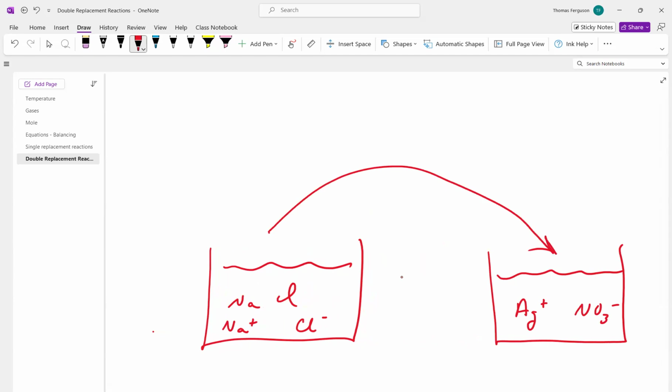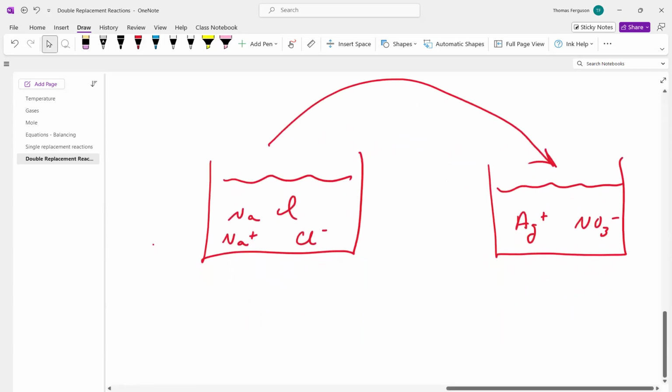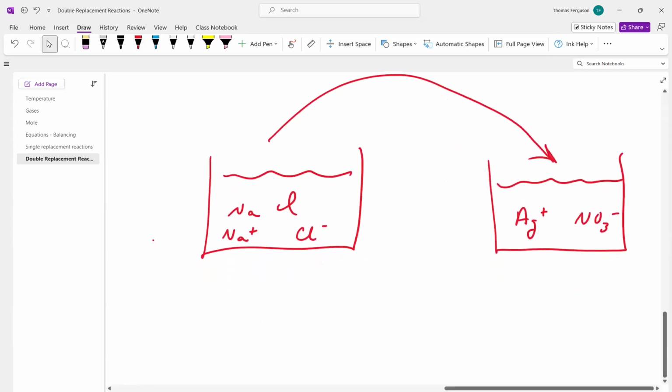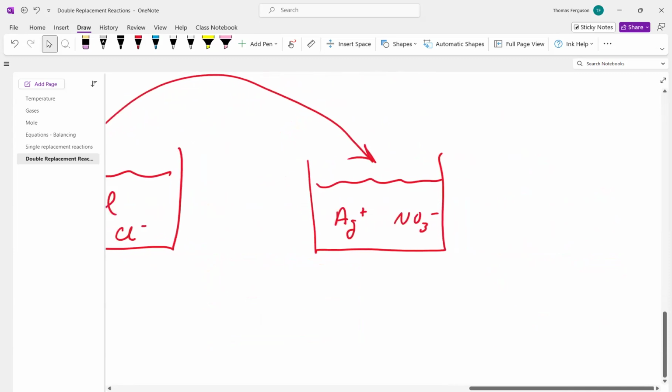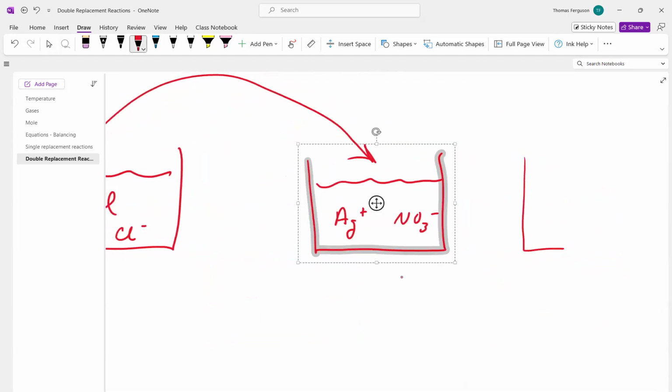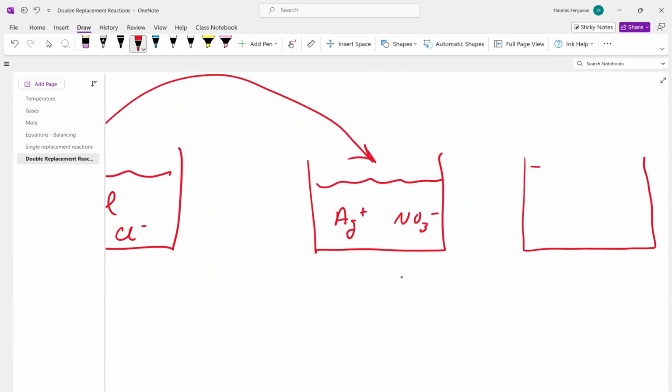That means the sodium now has a choice who to hook up with. The sodium can either hook up with a chlorine or the nitrate. So we have two new combinations.